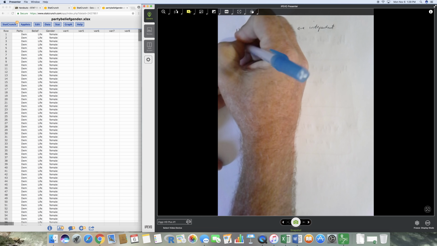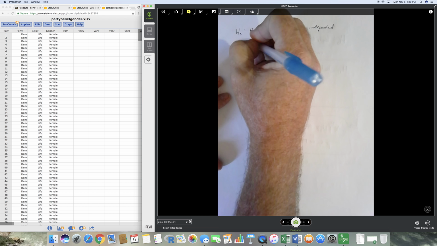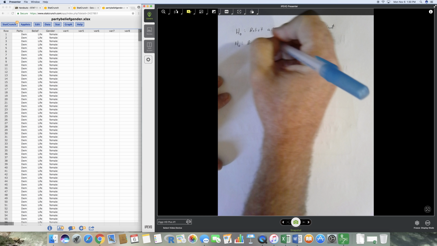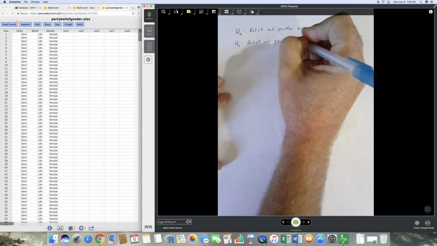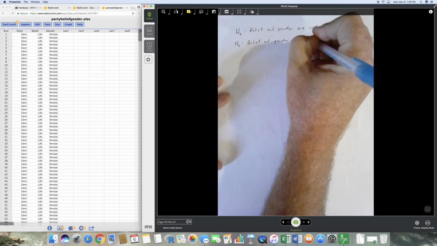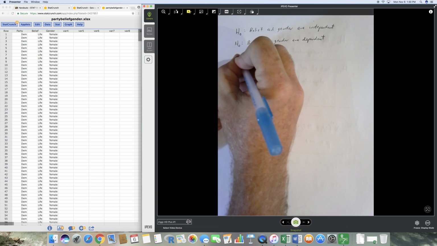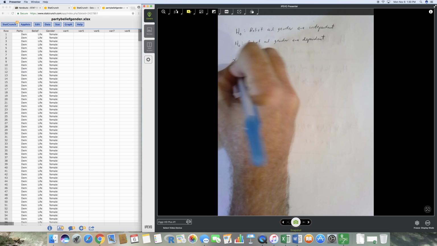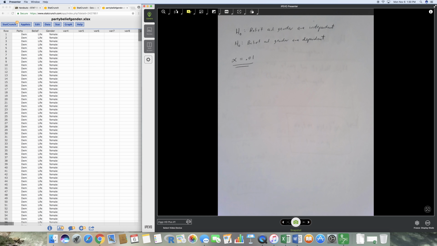The null: belief and gender are independent. The alternative: belief and gender are dependent. Guys, just for something different, let's set our alpha at 0.01.